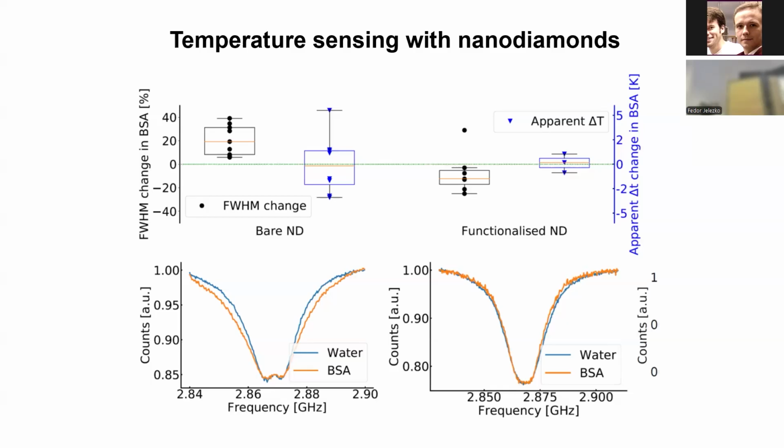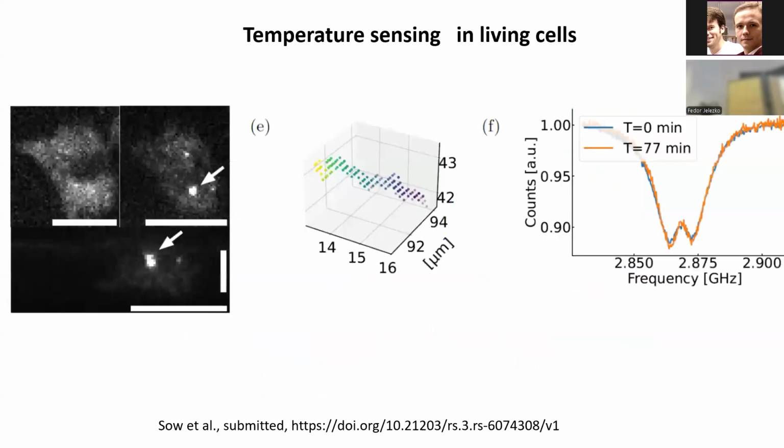The error bars in the temperature measurements now with these functionalized nanodiamonds are much smaller. So this control of surface chemistry is extremely important in this field. Functionalizing nanodiamonds and controlling their surface is a key element, which cannot be overestimated as an important parameter.